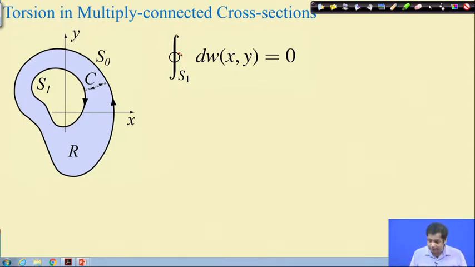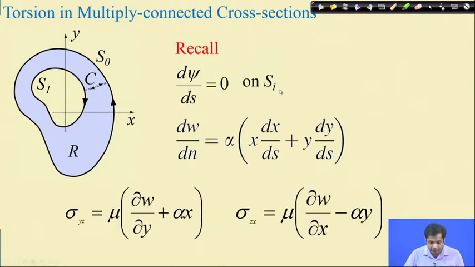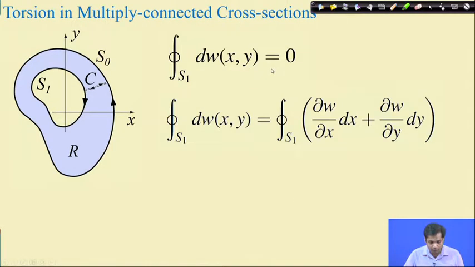Now, if this is the equation we have, then if we go to the previous slide and substitute the expression of W here, then what we have is this. Okay. And this is on S1. For the time being, for demonstration of the governing equation, we assume we have just one loop.